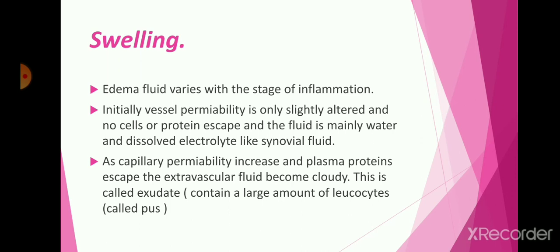Normally in blood vessels, cells pass through the central axis and on the side is protein, and then the plasma, which is known as axial arrangement. Due to dilation of the blood vessel, the velocity of blood flow decreases, which is called stasis, and this disturbs the axial flow of cells and RBCs.